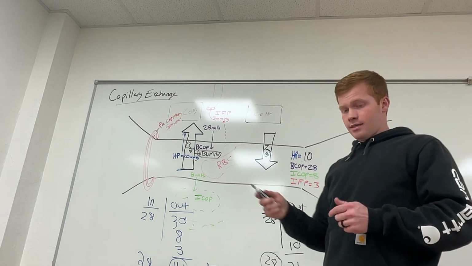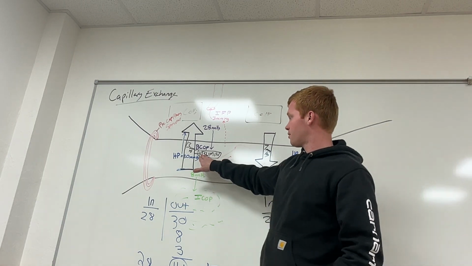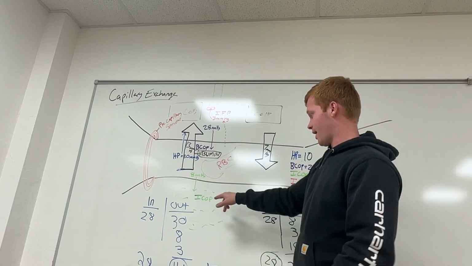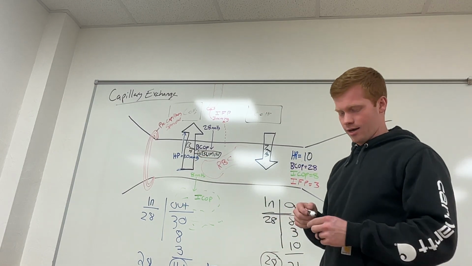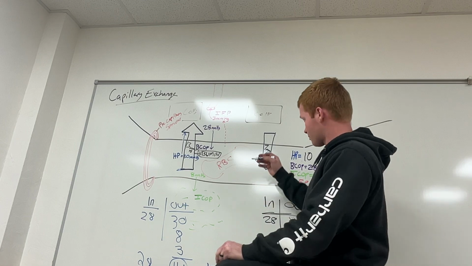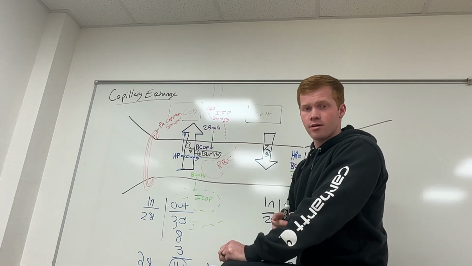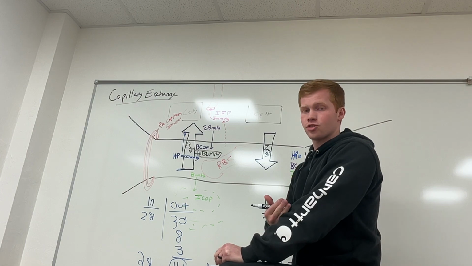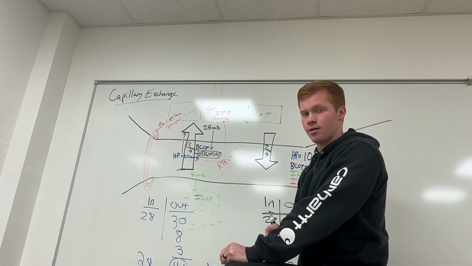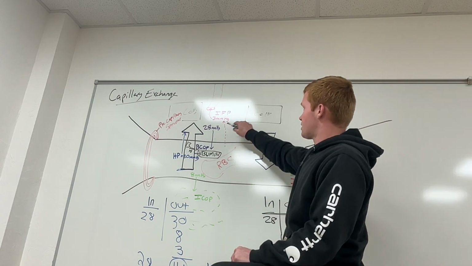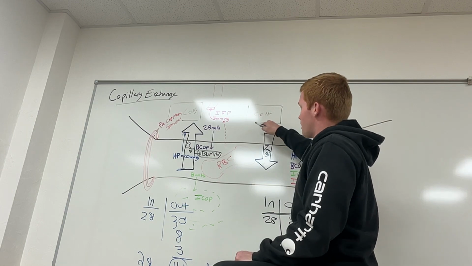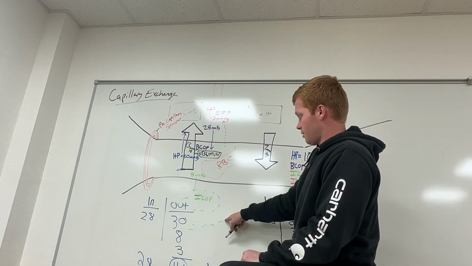Next one is permeability. This has to do with BCOP or ICOP, because that's the osmolarity. And they mentioned trauma with this one. So if someone has a burn or a bad scrape or different stuff like that, but I think a burn is a good one. That can mess with these cells. This can open up the cells and allow more proteins like this to come in.